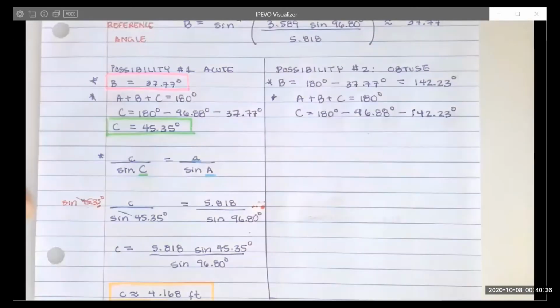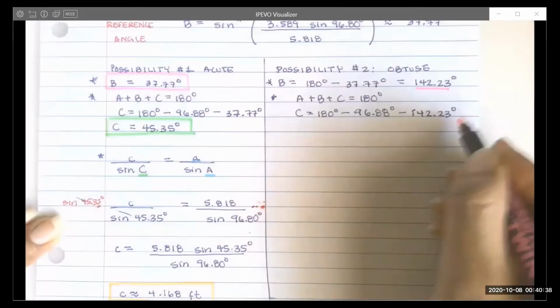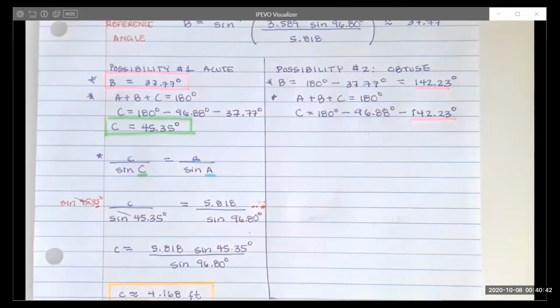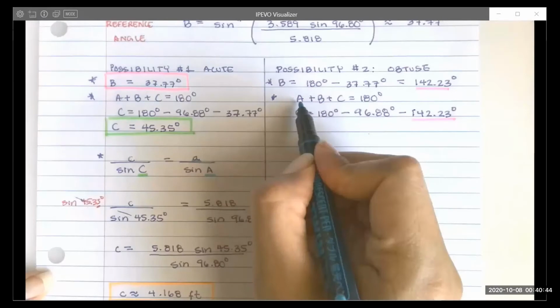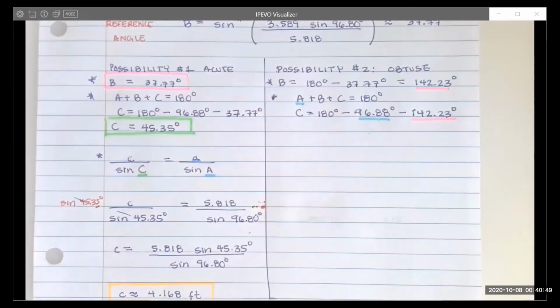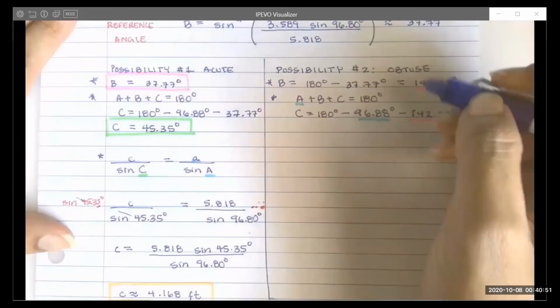And so what I'll do is I'll underline it. And then 96.88 comes from angle A, which was, oh, and I keep writing 88, but it's not 88, it's 80. So that should be 80.